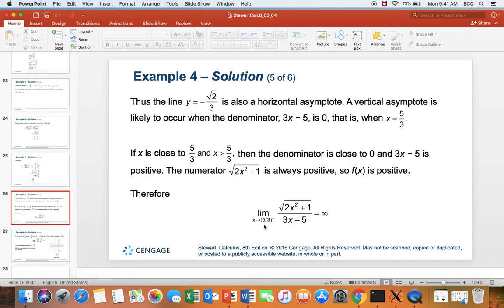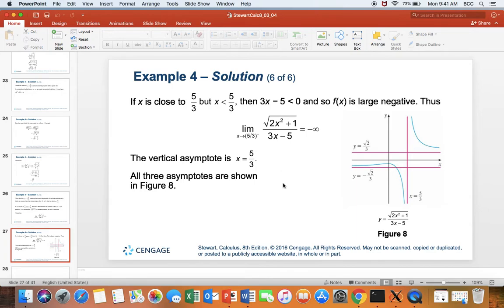When x is approaching 5/3 from the right, take an example. 5 over 3 is 1 and 2/3, that is 1.66666. So take x equals 2. When x is 2, you get 6 minus 5. That's a positive number. Therefore, you get positive infinity. The numerator, mind you, is always positive.